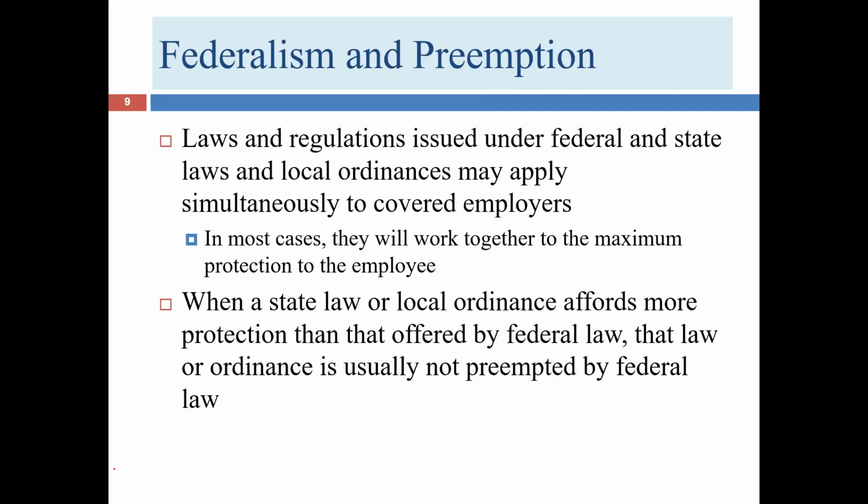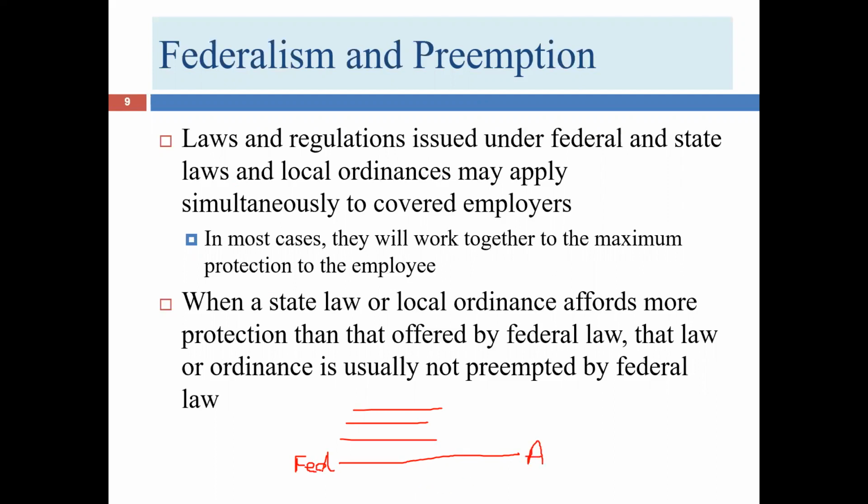Most of the time, the federal statute provides what we call a floor. This is the minimum protection that all employees are entitled to. But the federal statute permits the states to give additional protections above that. So you might have, we'll call this the federal level, state A provide just that level.